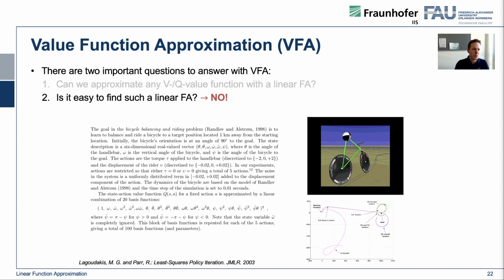Okay, so we have seen that we can approximate any state value or state action value function with a linear value function approximation, and it is not very easy to find such linear function approximators, namely the features that we need to derive from the state space, because they need to be complete and not too many.